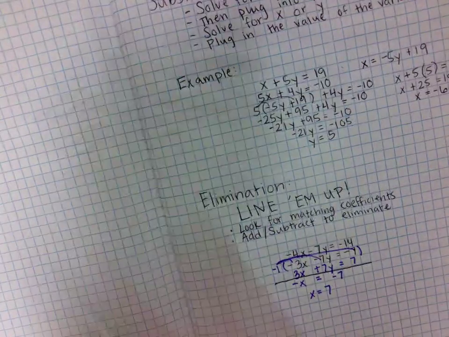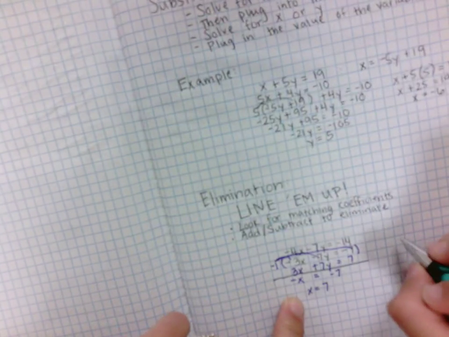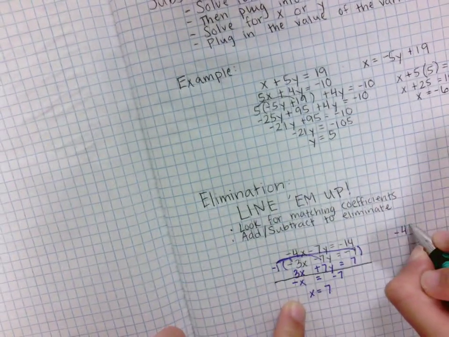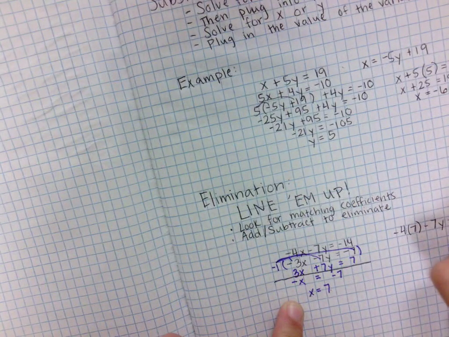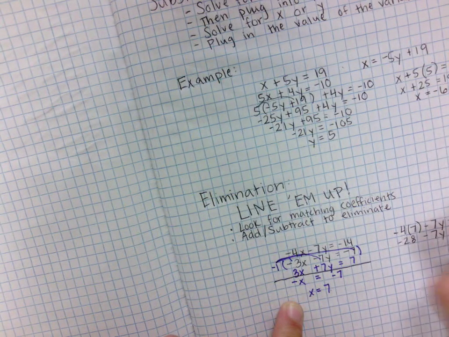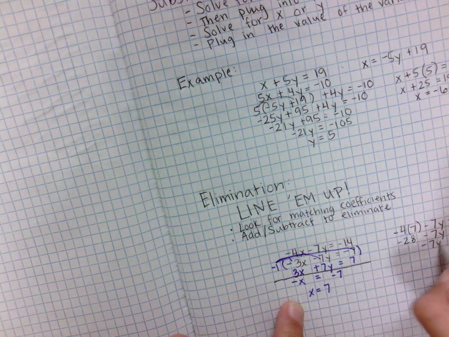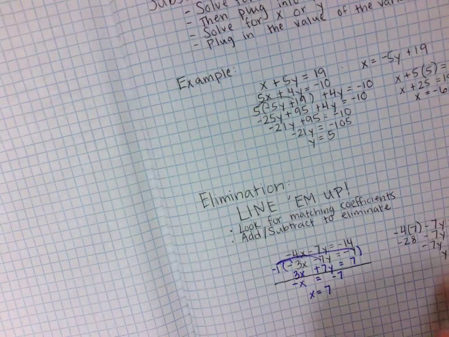Now you're going to plug x equals 7 into one of the original equations. Negative 4 times 7 minus 7y equals negative 14. So negative 28 minus 7y equals negative 14. From there, you're just going to solve for y. You're going to add 28 on both sides, and you're going to have negative 7y equals 14. Then you divide by negative 7 on both sides, and you're going to have y equals negative 2. So your answer is going to be 7, negative 2.